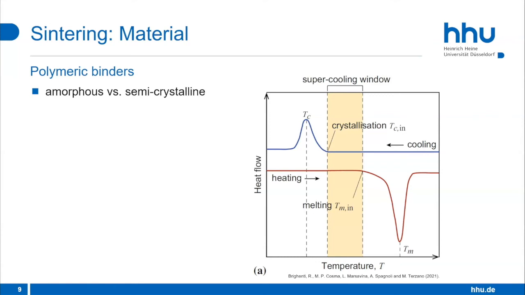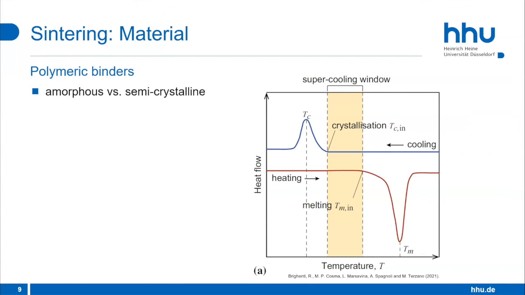A semi-crystalline material, on the other hand, has a defined partial melt temperature. So you can use this to heat the material to just below the melting temperature of your semi-crystalline material. And then you can just use the laser to increase the temperature by a few degrees, melt the material, and sinter it together. On the other hand, you have the downside that semi-crystalline materials like to recrystallize afterwards.